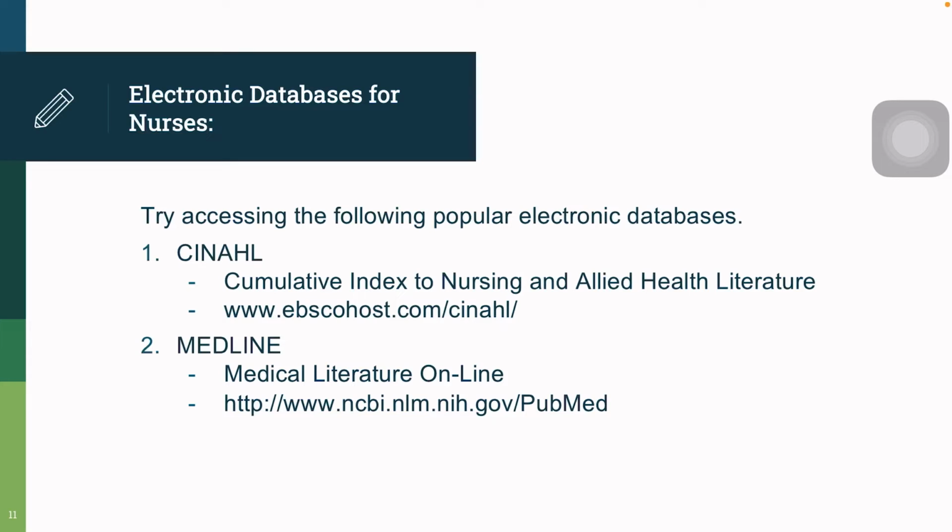Now, there are some features for an electronic search that are similar across databases. You can have a feature such as your Boolean operators. Boolean operators are used to expand or delimit a search. The three widely used Boolean operators are AND, OR, and NOT, all in capital letters.